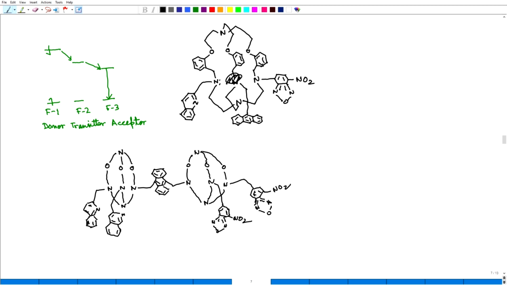So, it goes a long range FRET. It is a long range FRET. I excite it, I see emission from here.